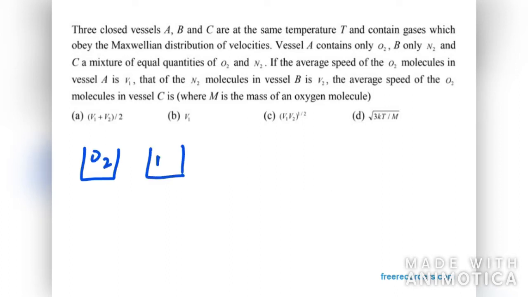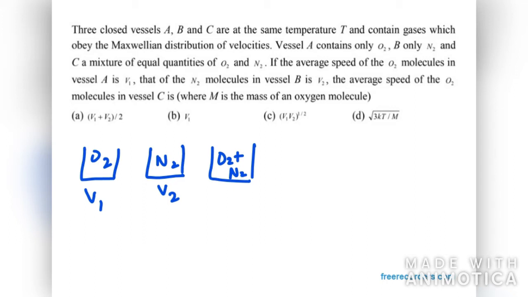A has O2, B has N2 and C has O2 plus N2. If the average speed of the molecule in vessel A is V1, that of N2 is V2, and the average speed of O2 molecules in vessel C is, we need to find the average speed of gas molecules in C.